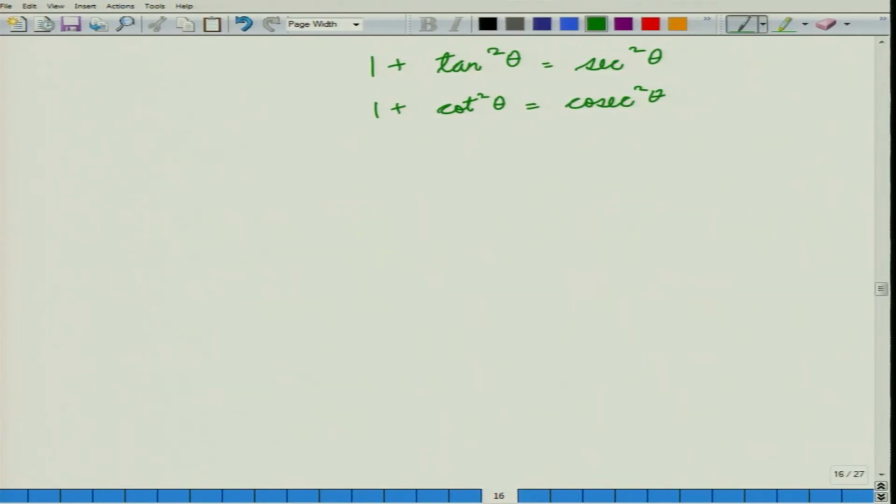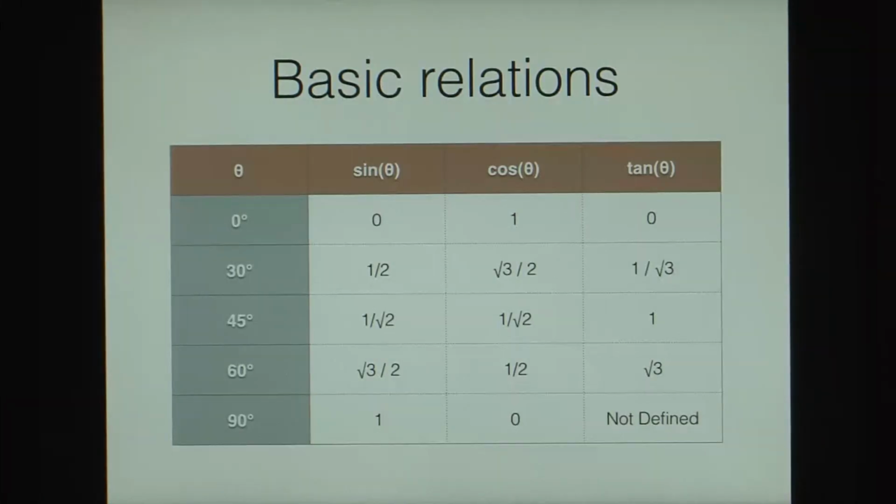Now, the values of the sine, cosine and tangent of several angles have been calculated. Now, some of these are given in this table. Now, we can very easily remember these.